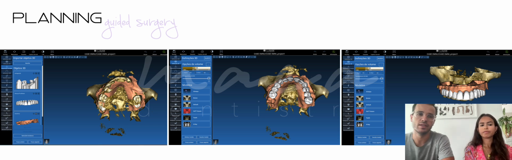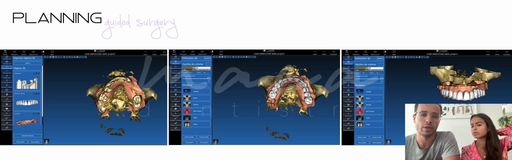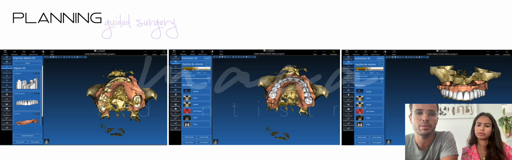So, the same story as before. We first did the mock-up and everyone approved the mock-up, so we can start to plan the surgery and do the planning of the guided surgery. So we have to have the original STL of the patient. We can get it by a digital impression or a conventional impression that is later digitalized in the lab.